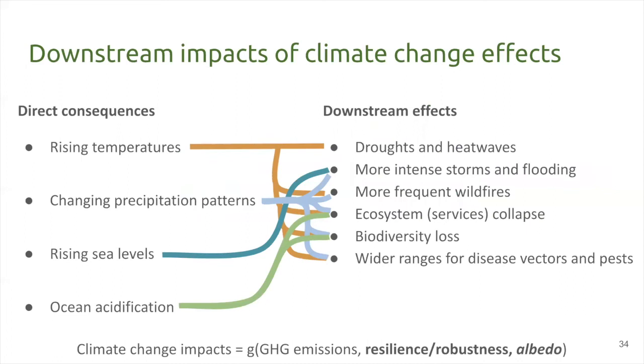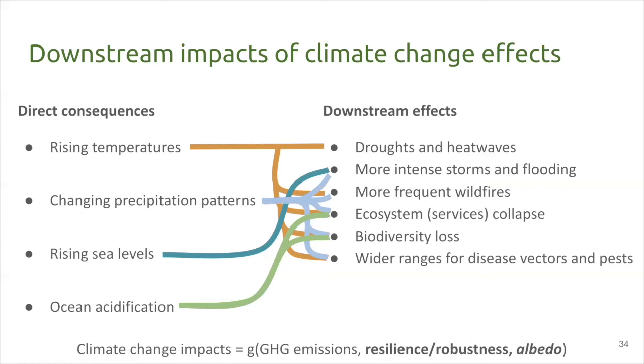Okay, so first let's link the direct climatic consequences of climate change with their downstream impacts. Right? So on a direct level, climate change will cause rising temperatures, changing precipitation patterns, rising sea levels, and ocean acidification. This has a variety of consequences on physical, biological, and human systems.